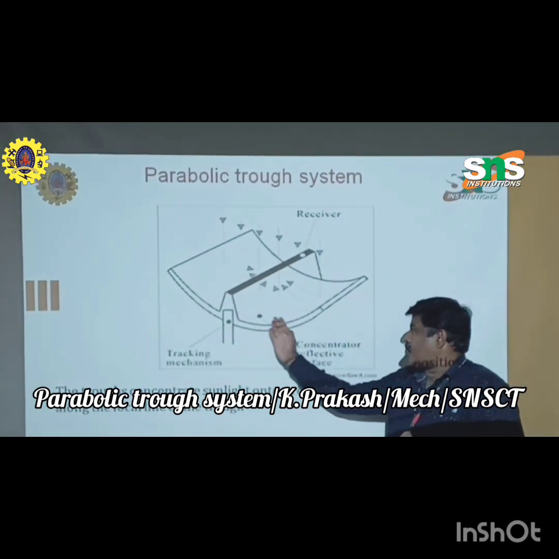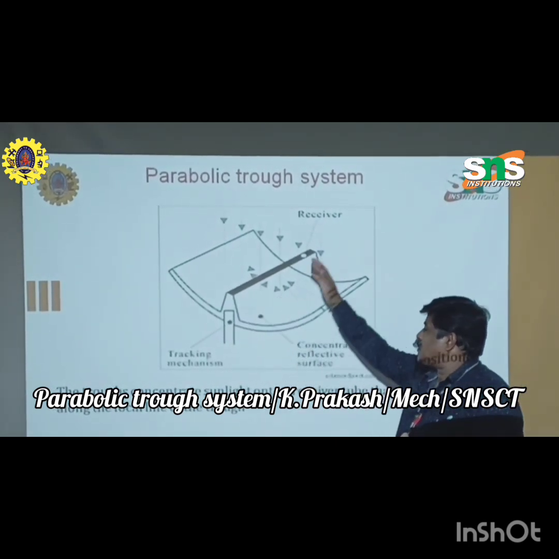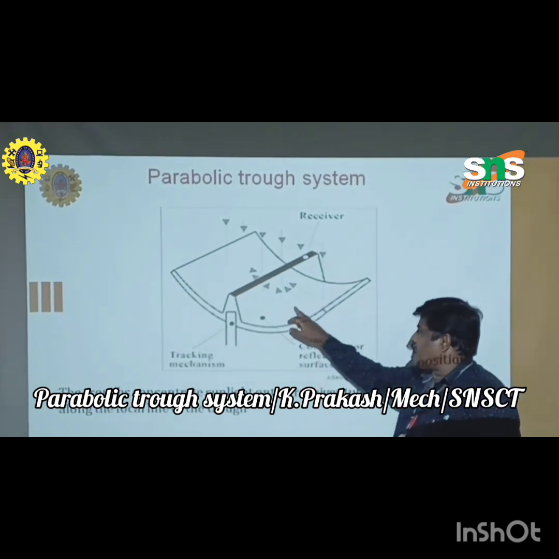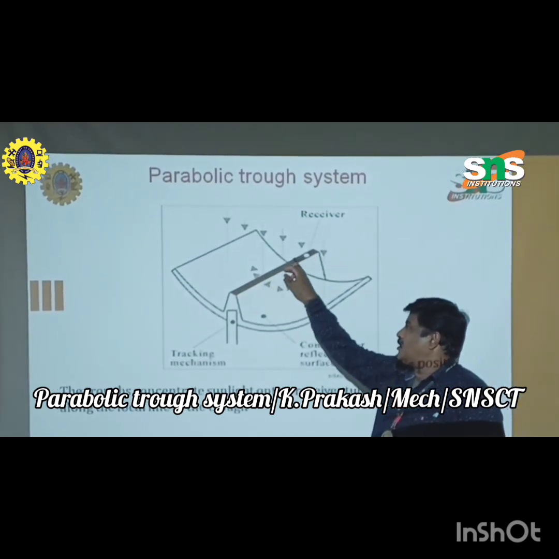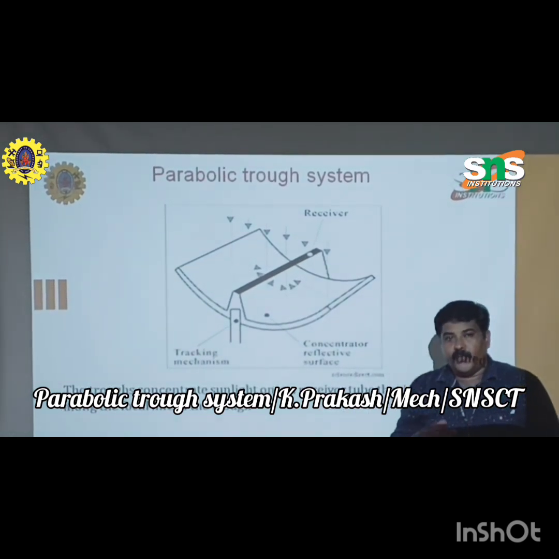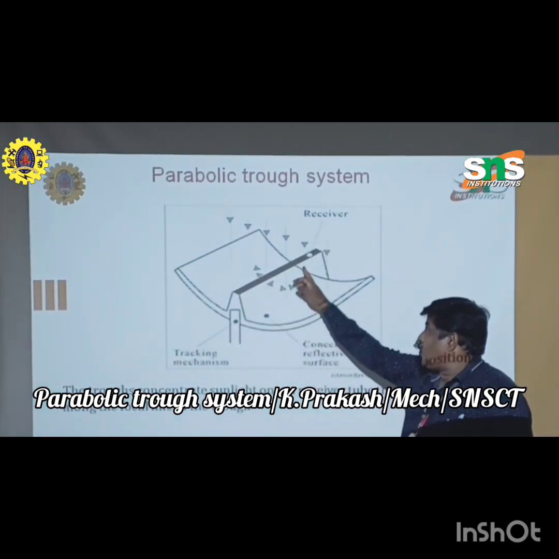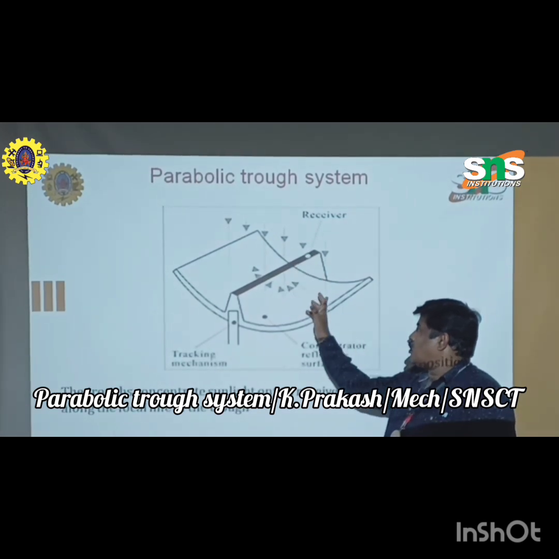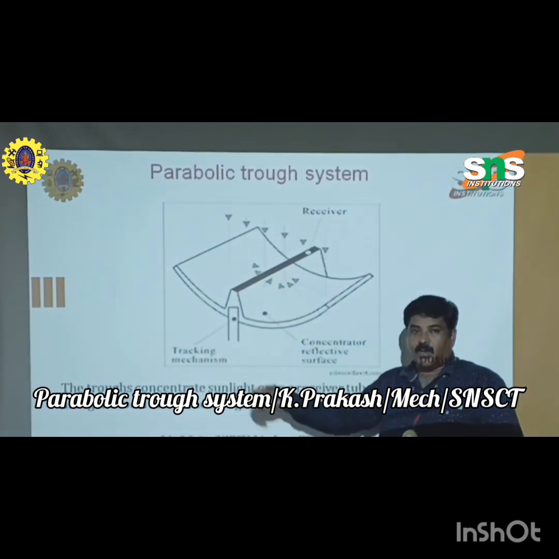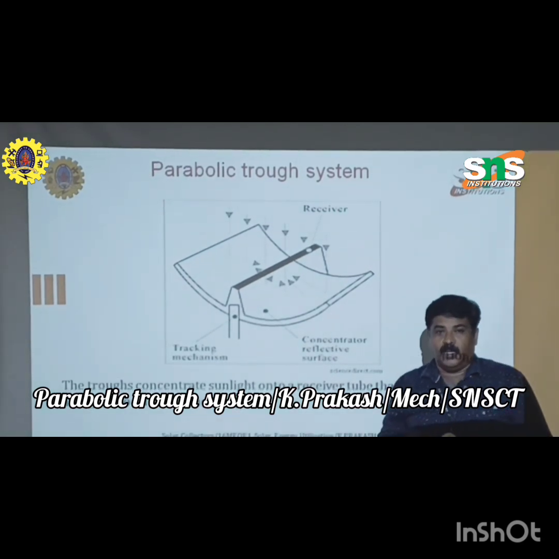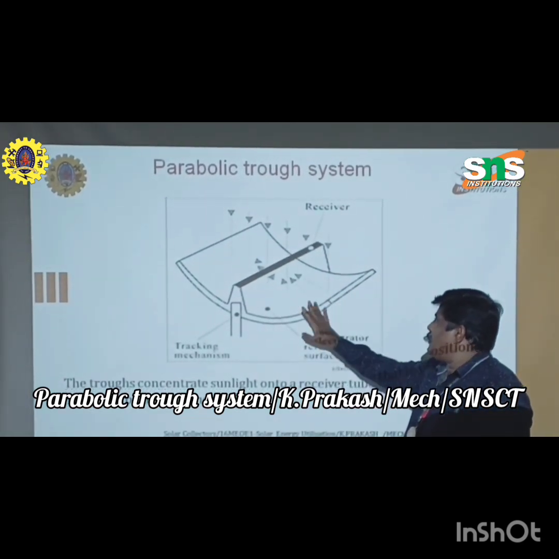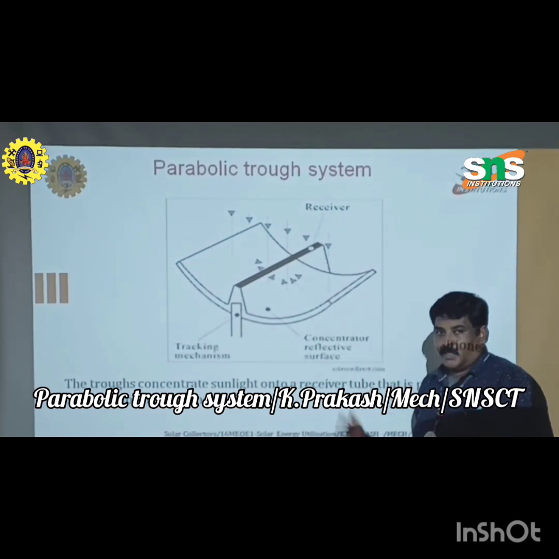So we use this reflecting surface so that all the solar radiation falling on this curved surface is reflected towards the collector area. As the fluid passes through, more heat is reflected onto this pipe so that the water or fluid medium gets heated. This is the working of a parabolic trough system.